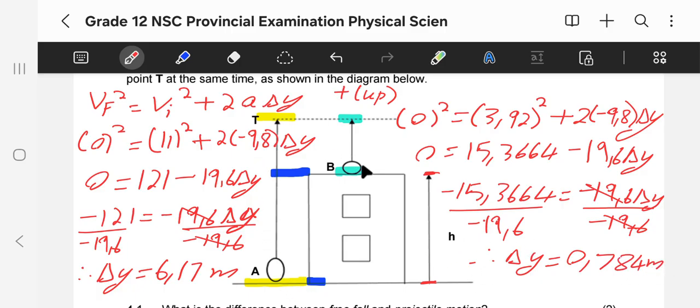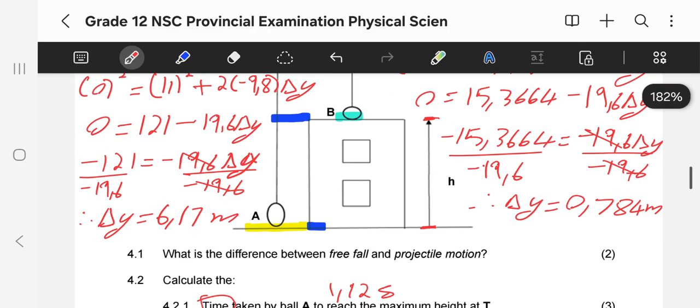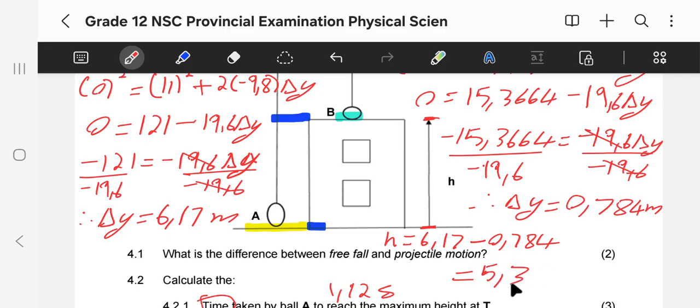Remember what I said? I said we would find this height, and then subtract the height for ball B from the height of ball C to get h. So to conclude, h is equal to 6,17, the height of ball A, minus 0,784, the height of ball B. If I press this on the calculator, the answer I get is 5,39 meters.